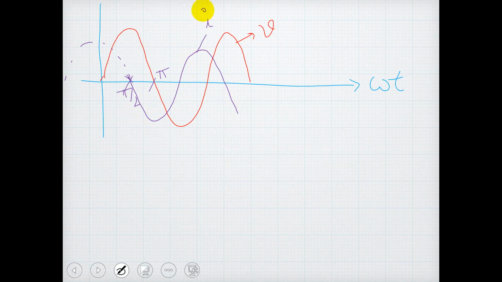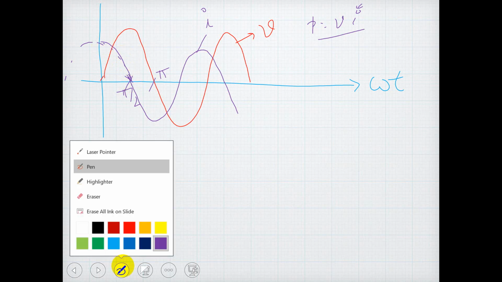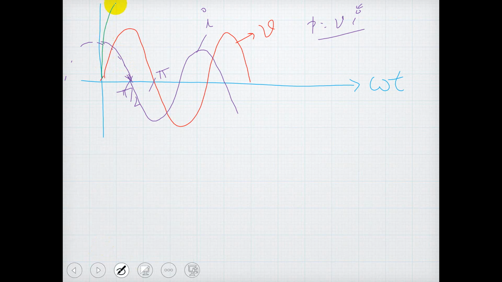So now multiplying P is equal to Vi. When you multiply both the waveforms, if you observe here, the power starts from here. Because I reaches 0, P also should go to 0.